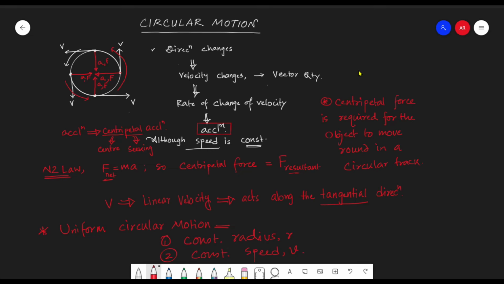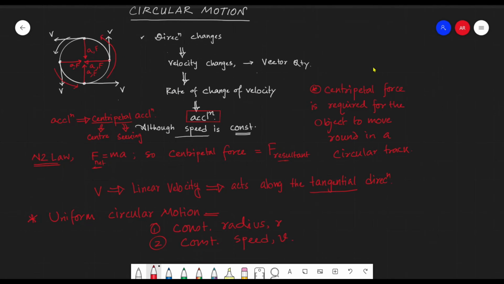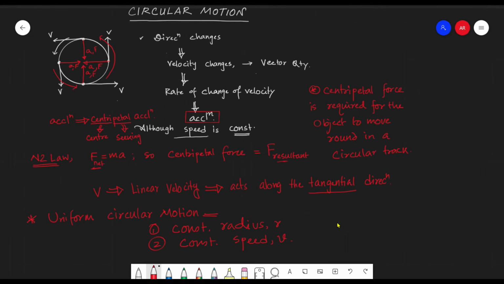So whenever the object is in circular motion, it is obvious that the object has been provided with some resultant force, and this resultant force continuously keeps the object changing its direction, and this makes a circle.